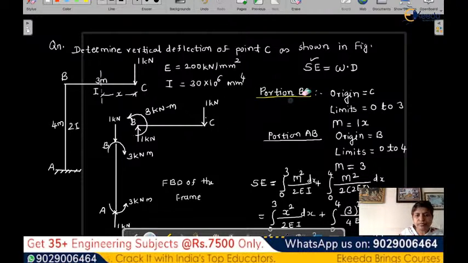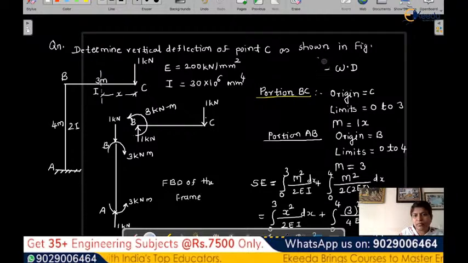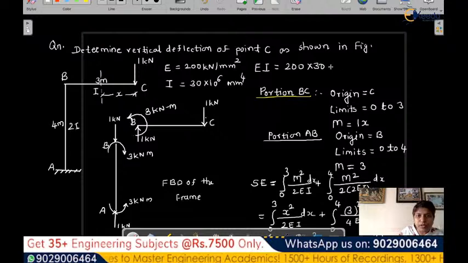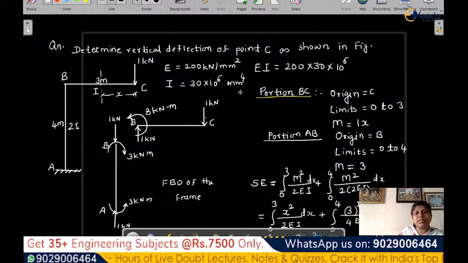So when we multiply E into I, 200 into 30 into 10 to the power 6, this is in millimeter raised to 4, so we have to multiply by 10 to the power minus 6.